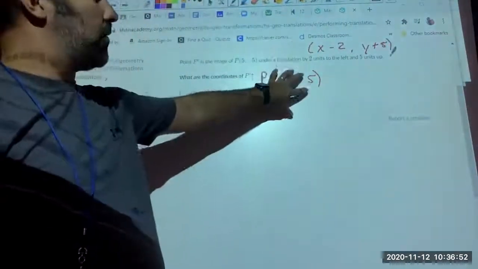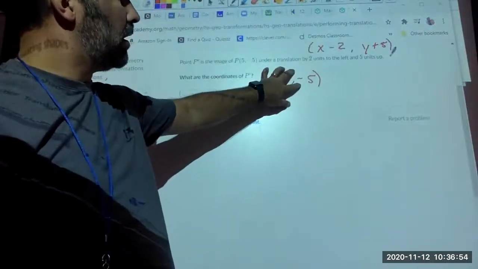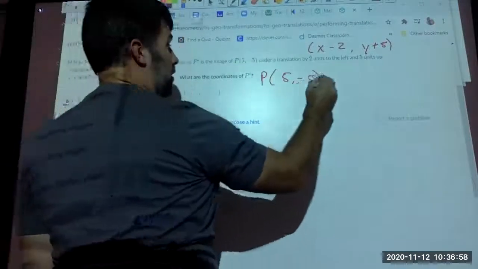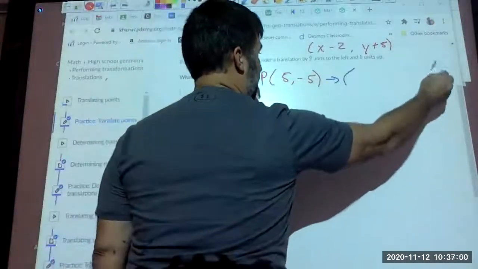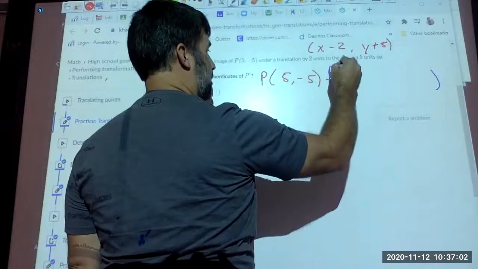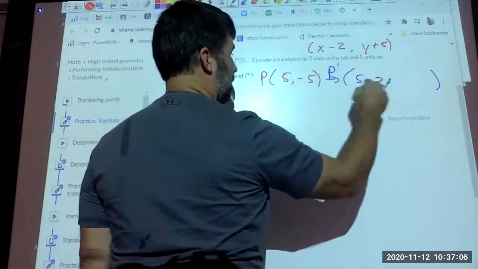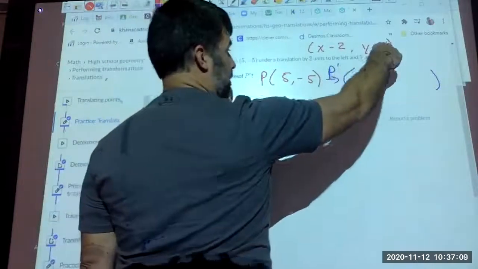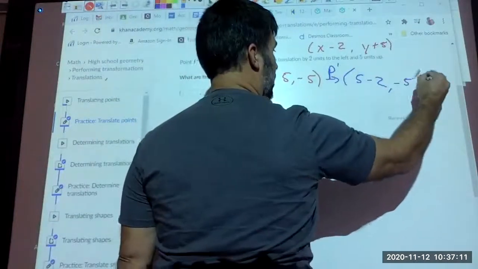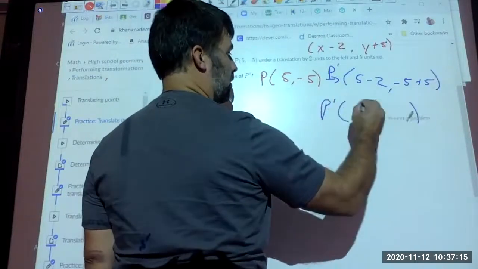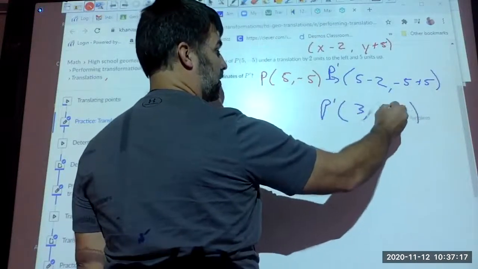So just like the one before, I'm plugging this coordinate into that idea, and I want to get my P prime. So I've got x, 5 minus 2, and negative 5 plus 5. 5 minus 2 is 3. Negative 5 plus 5 is 0.